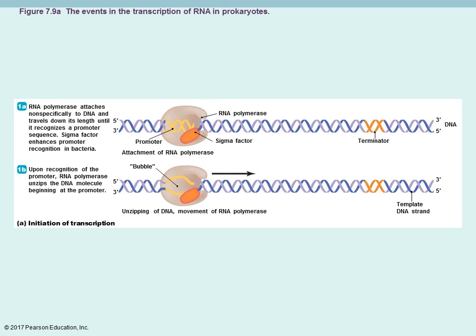So what's going to happen for transcription is that on the DNA, there are regions referred to as the promoter site. It's areas that are going to attract RNA polymerase, not DNA polymerase, RNA polymerase. It's similar to DNA polymerase, but it is different. It's involved with transcription.